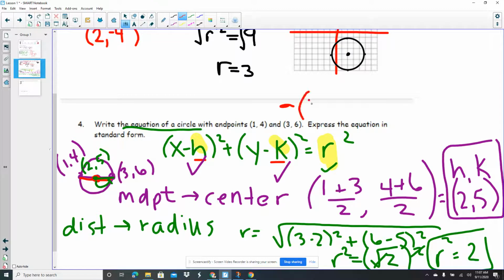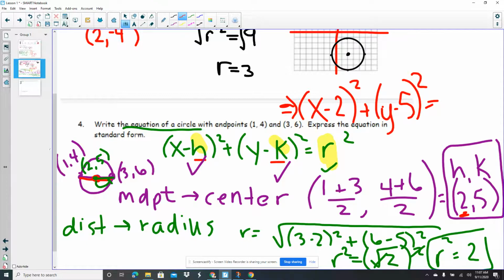So we have (x minus 2) squared. Notice that the h is 2, but in the formula, it looks like a minus 2. Plus (y minus 5) squared equals our r squared, which is 2. And there we have it.